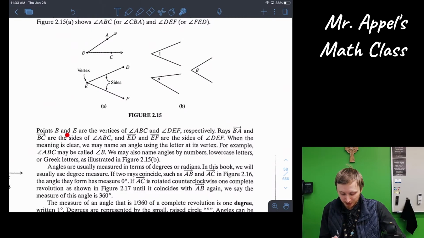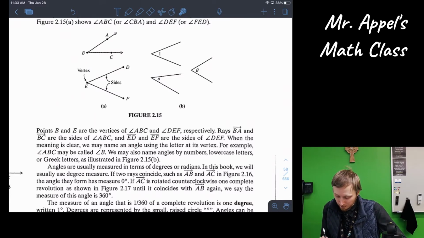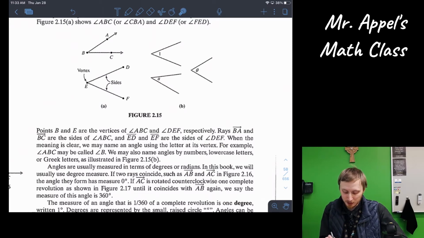Points B and E are the vertices of angle ABC and angle DEF, respectively. Rays BA and BC are the sides of angle ABC, and segment ED and segment EF are the sides of angle DEF. So notice we can have our angle made of true rays that go on forever or merely segments.